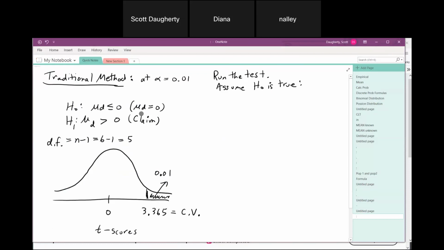mean difference from the population, right? So the mean of the population differences is 0. We're going to assume that.